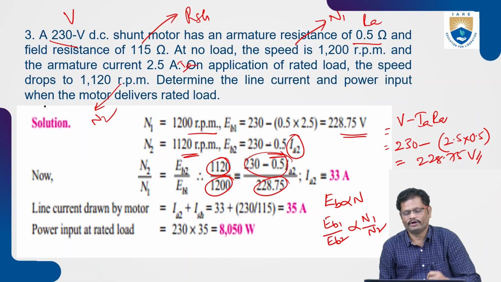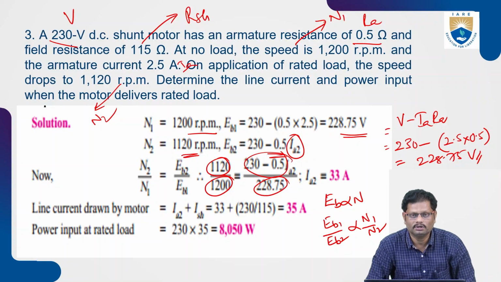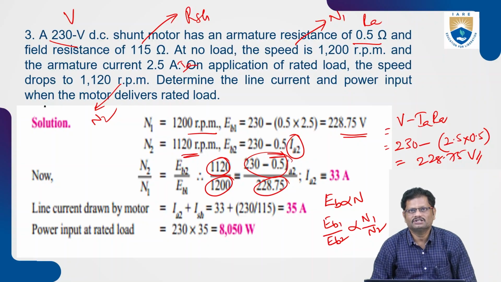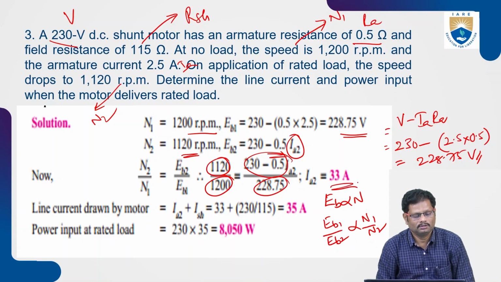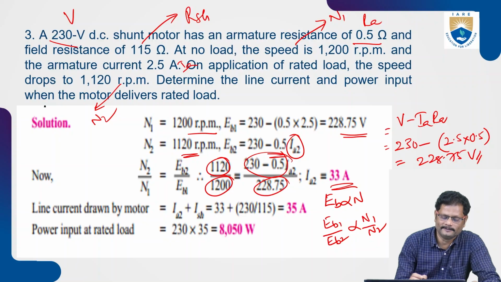We don't know the value of IA2, but we need to calculate it, that is EB equal to 230 minus IA2 RA. So from this we can calculate IA2 as 33 amps. Now the total line current drawn by the motor equals armature current plus field current, so IL equal to IA plus ISH.